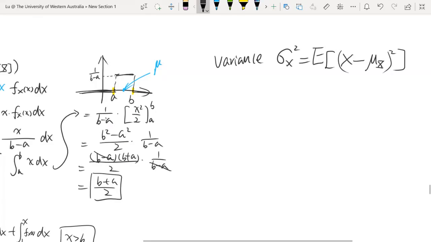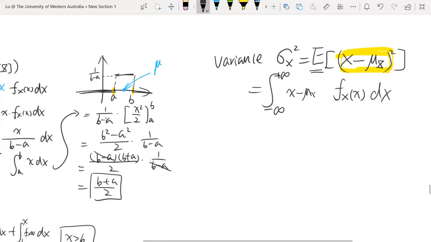Again, expectation is the integration of something multiplied by the PDF of this random variable dx, from negative infinity to positive infinity. No matter what you have here, copy that into the integration, so you get (x minus mu x) squared.